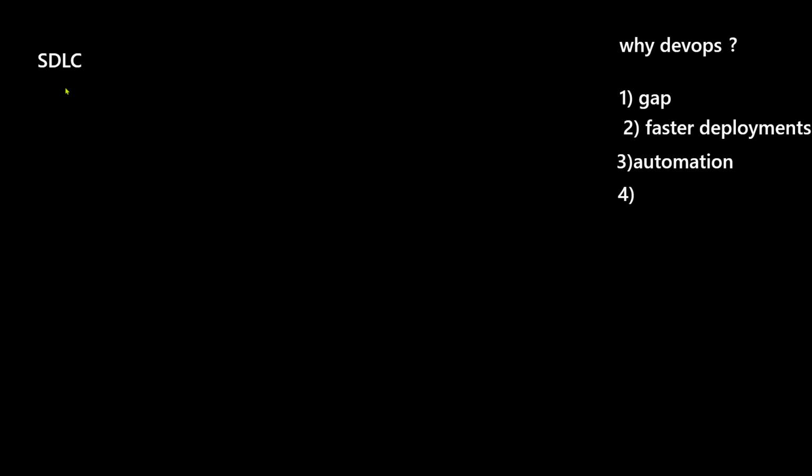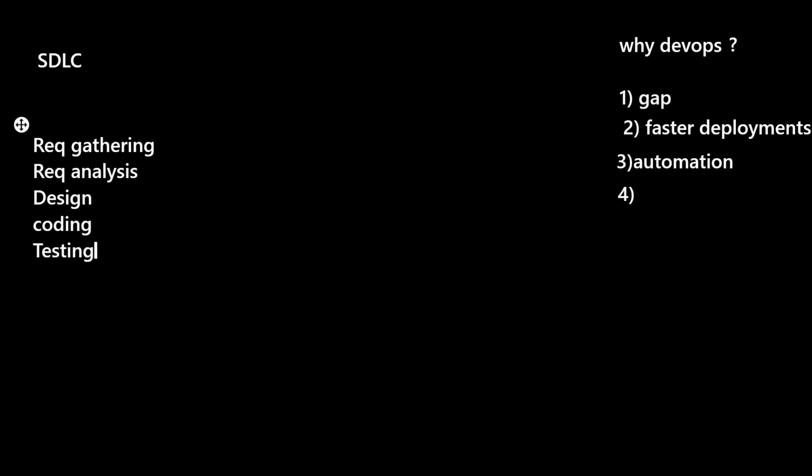SDLC is nothing but the process, the sequence of activities involved in developing an application. Whenever you develop an application, the first phase is requirement gathering. Means collect the requirements. Okay, then requirement analysis, design, coding, and testing. These are the different phases.